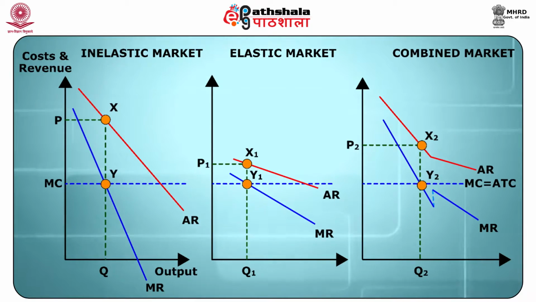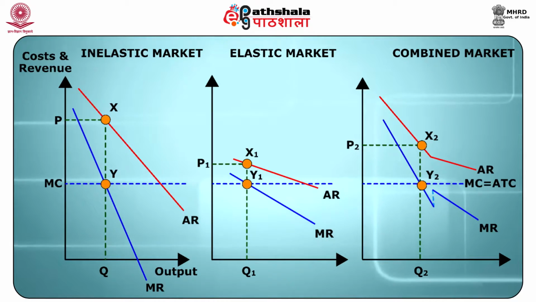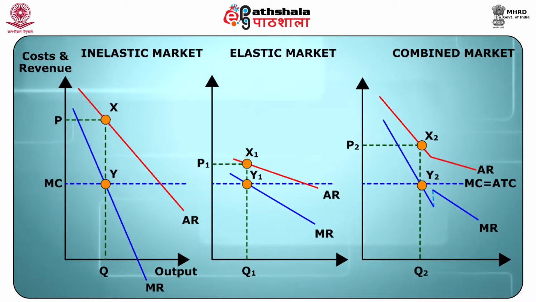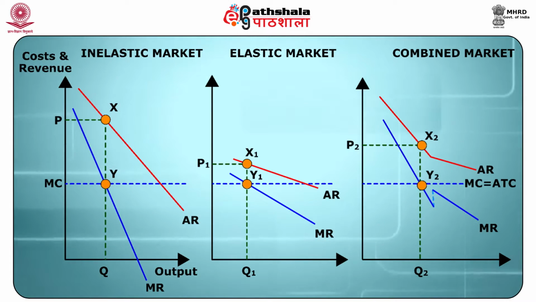If the market can be segmented, the price and output in the relatively inelastic sub-market will be P and Q, and P1 and Q1 in the relatively elastic sub-market. When the markets are separated, profits will be in the area MC P X Y plus MC1 P1 X1 Y1.